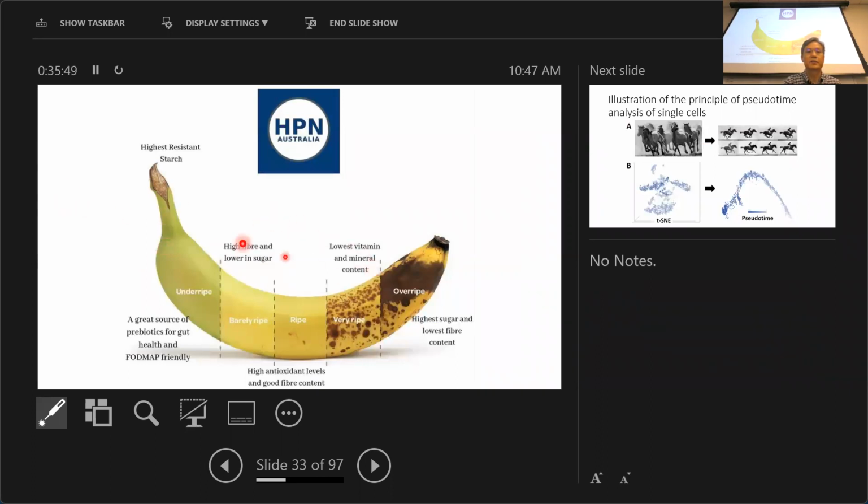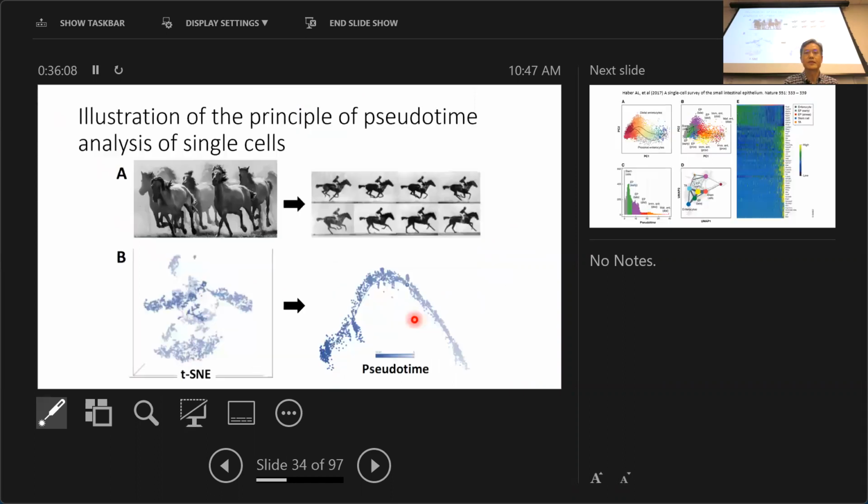So I illustrate the point like this. If you want to take the picture of this, you have to use a camera and take the picture at multiple times. But we don't have this kind of picture. We just use a population of cells to reconstruct this process. Same idea here.